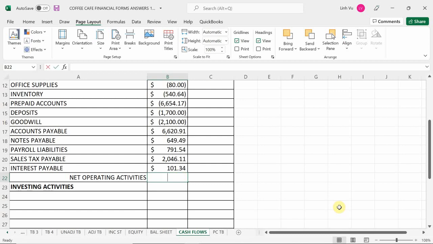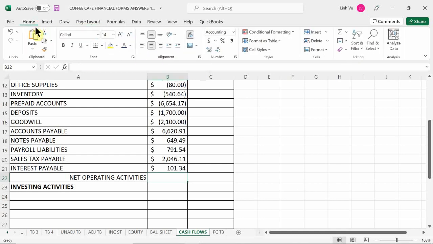So now we need to figure out what our net operating activities are. So I'm going to go ahead and equal sum this real quick so I can get a total of the operating activities, and then I'm going to figure out what my net value is after that. Okay?